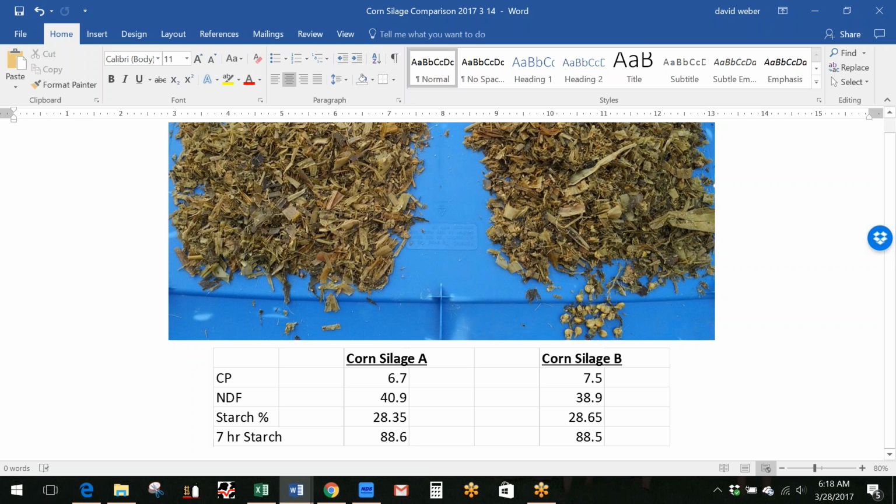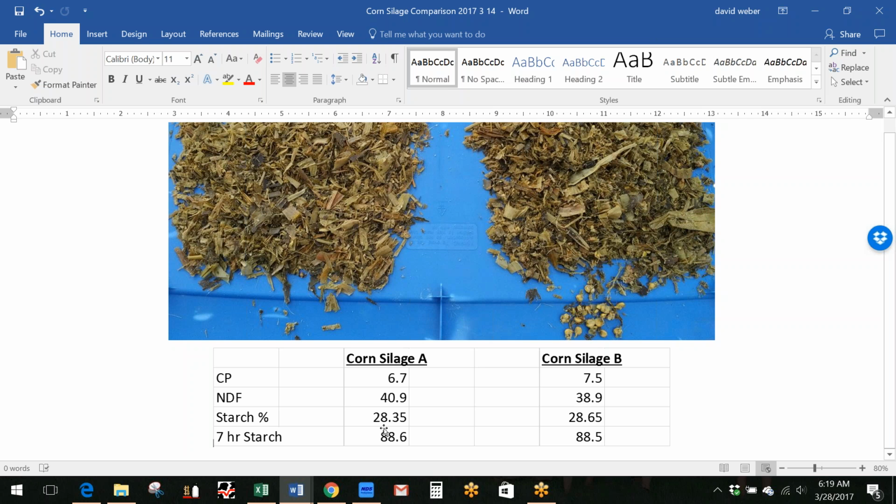Farm B was feeding corn silage B, which was 7.5 crude protein, a little less NDF, and the starch was pretty close to the same. The 7-hour starch value reported from the laboratory was exactly 1/10 of a percent off.